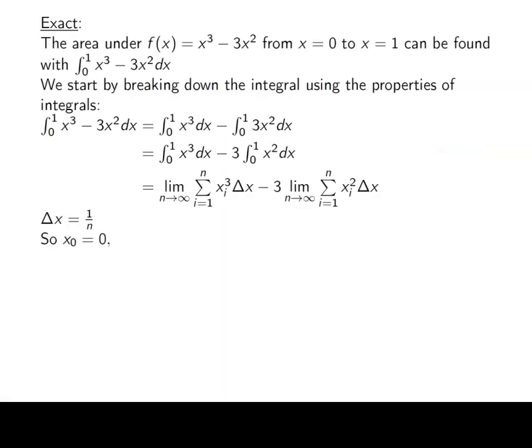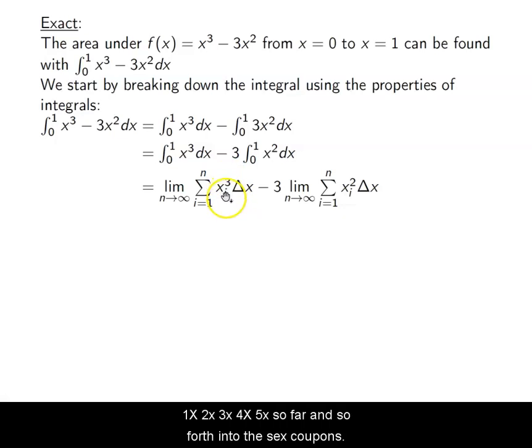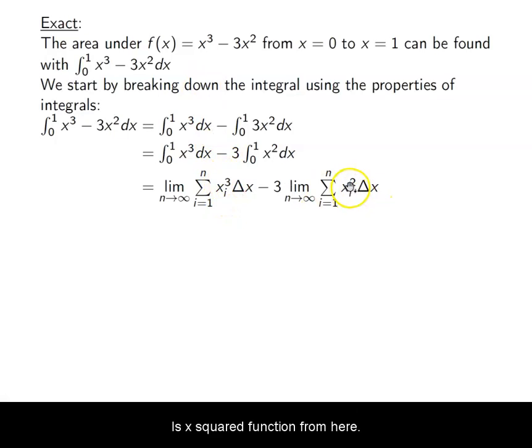So here we go. Limit of the sum from 1 to n. x cubed is x sub i cubed, right? I'm plugging in x1, x2, x3, x4, x5, and so forth into this x cubed function, and into this x squared function that I pulled out.